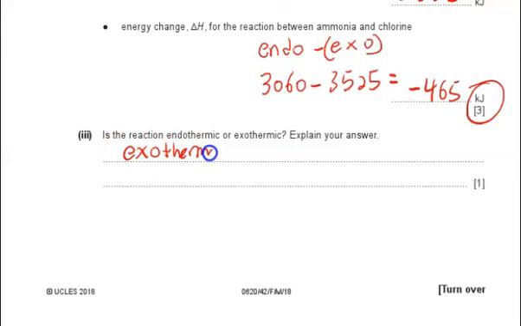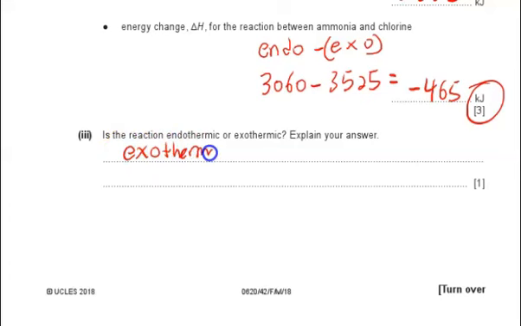The suitable catalyst here will be platinum. The reason for it is because it is a transition element. Remember, transition elements have properties which are suitable to act as a catalyst.